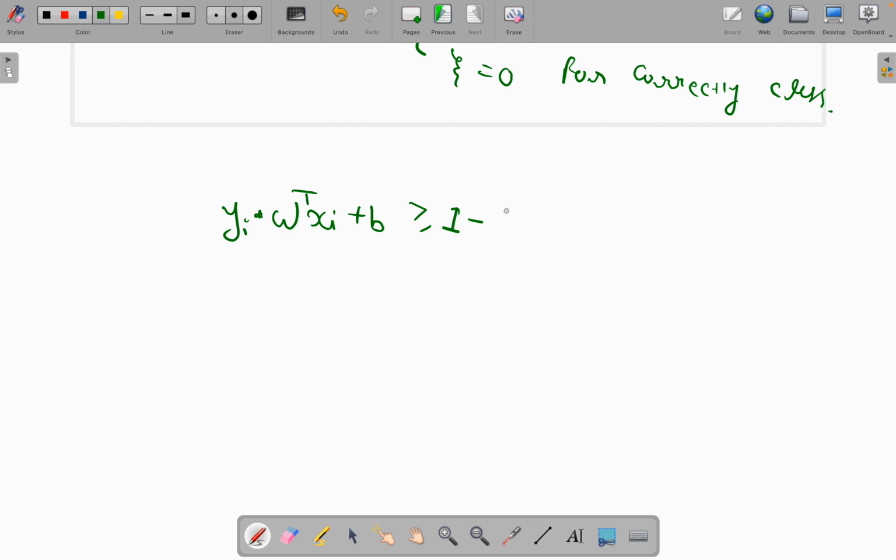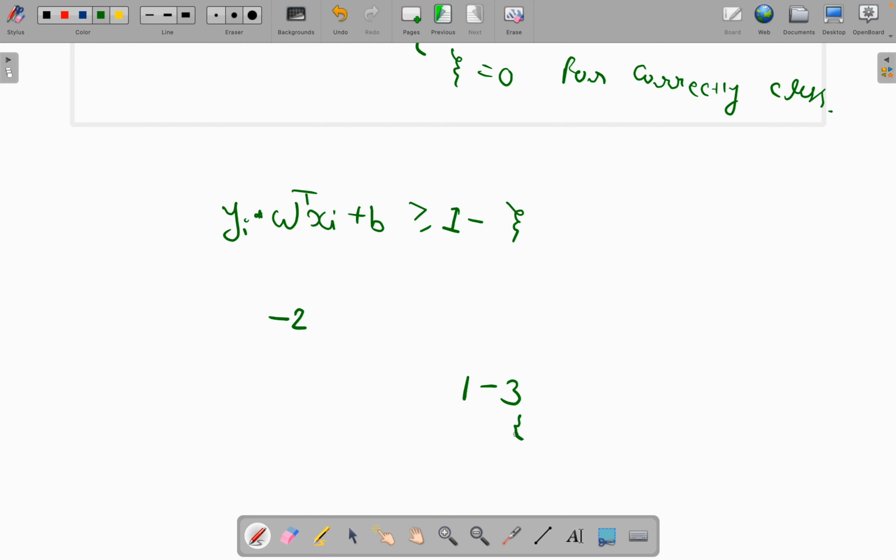But we can say eta would be here. So what would be the eta? Let's say while computing yi (W transpose xi plus b), I am getting minus 2, but we want greater than or equal to 1. So then I can write it as 1 minus (minus 2), which is 3.